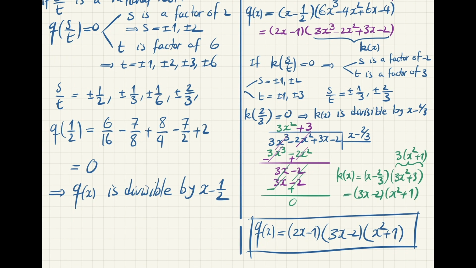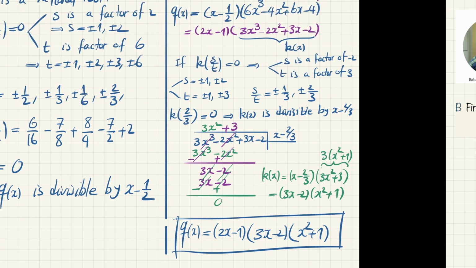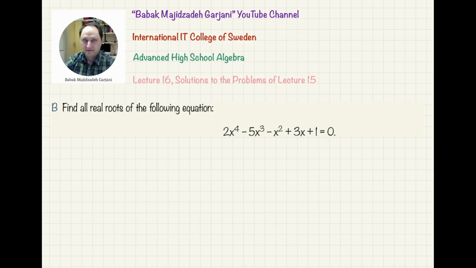Okay, so now let us go to the next problem. Find all the real roots of the following equation. So here the primary goal is not to factorize the polynomial, but we are supposed to solve a 4th degree polynomial equation.